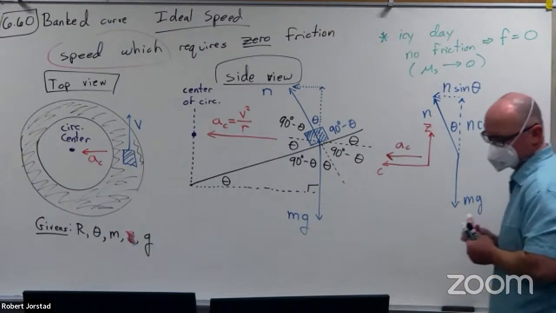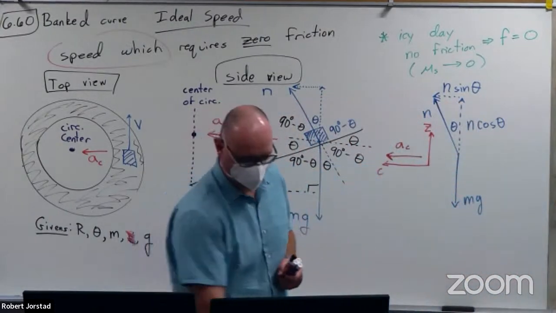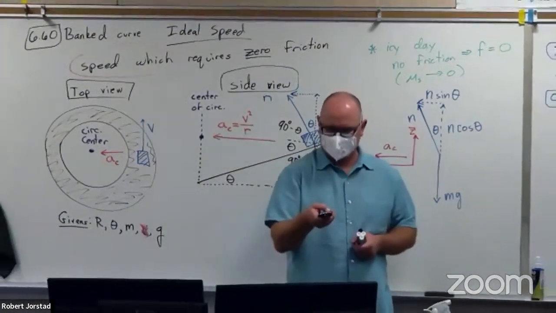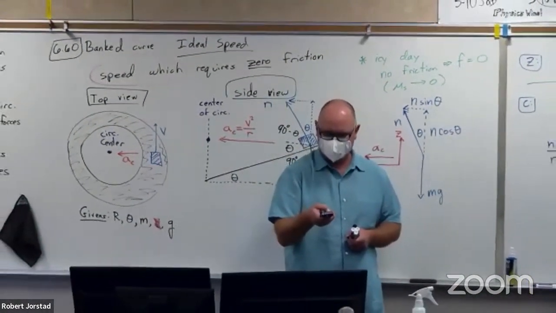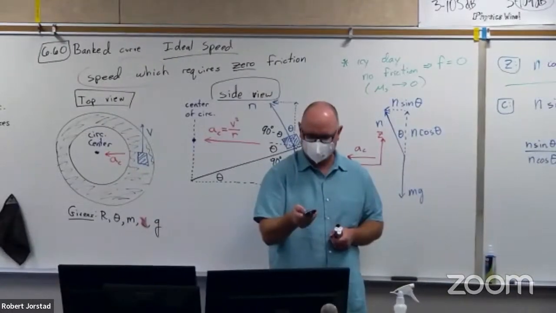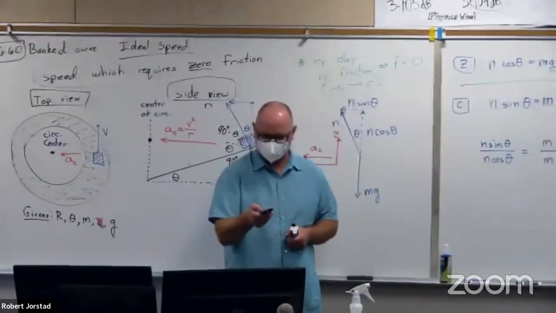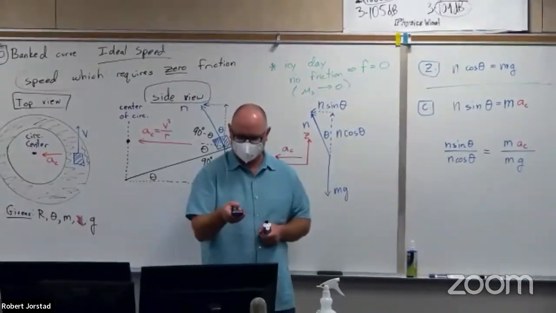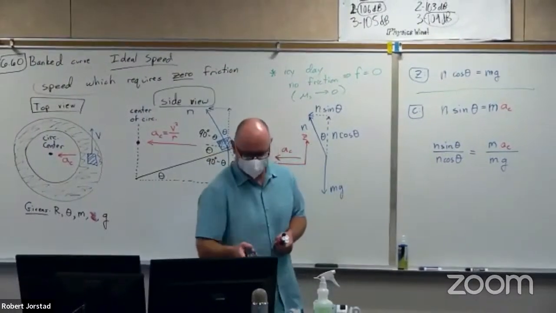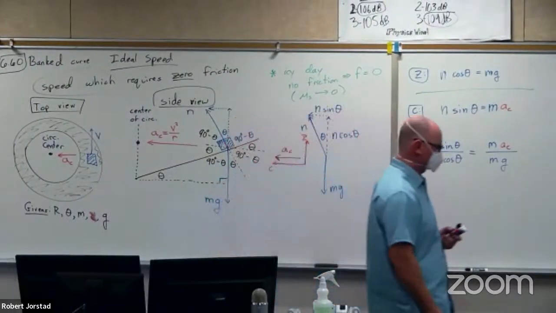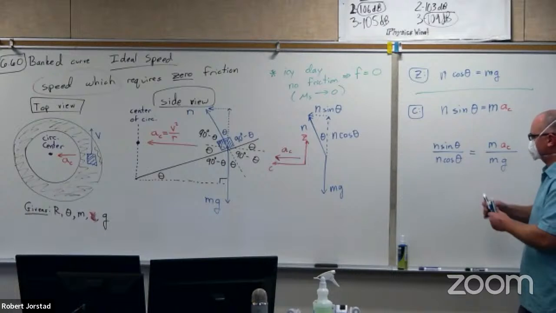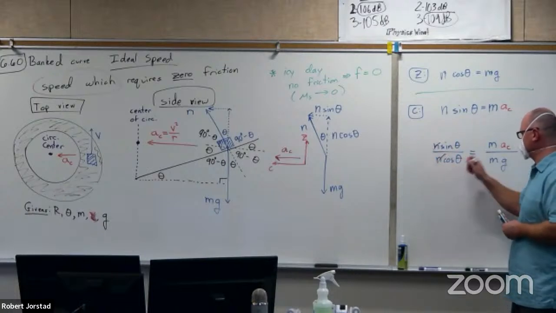All right, I'm going to switch over now. Is that still somewhat visible on Zoom? Okay. In this case, I wrote the force equations. I stacked them and took a ratio. The ratio is our friend today.